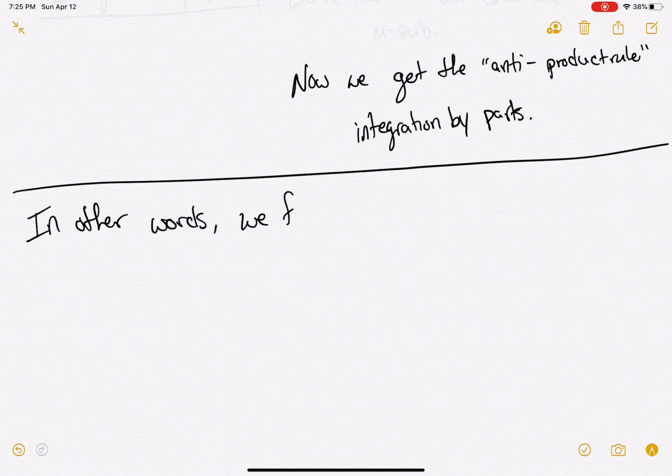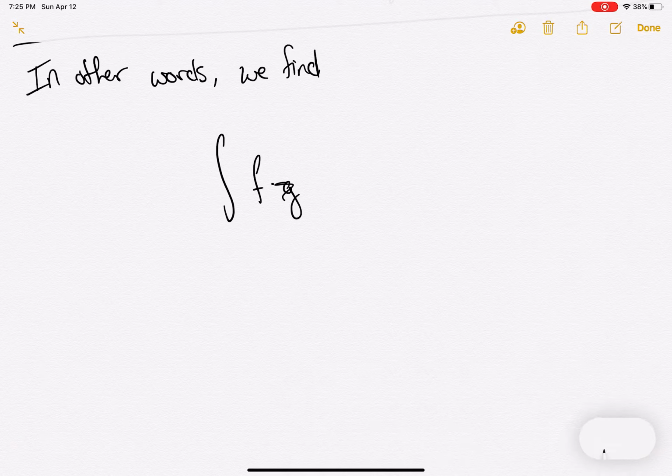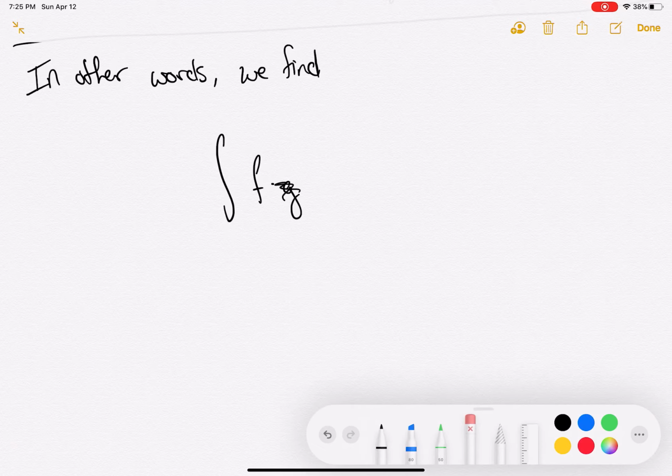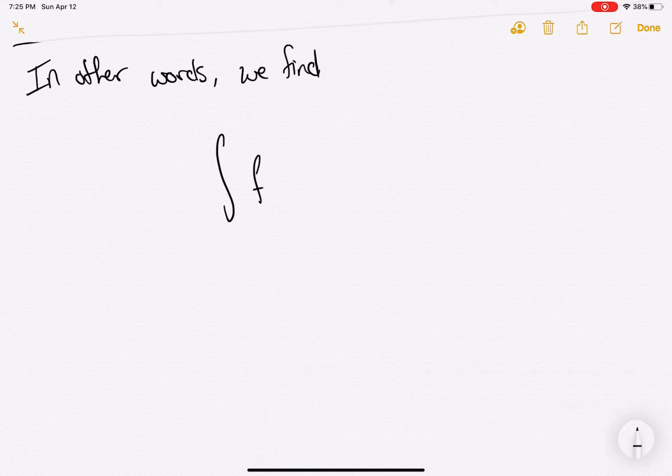we find the integral of f of x times g of x dx.